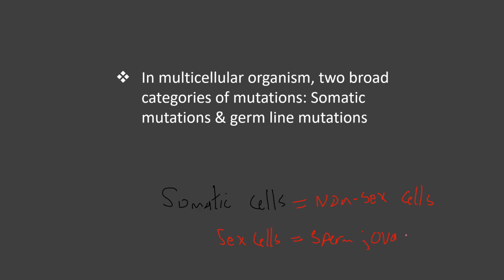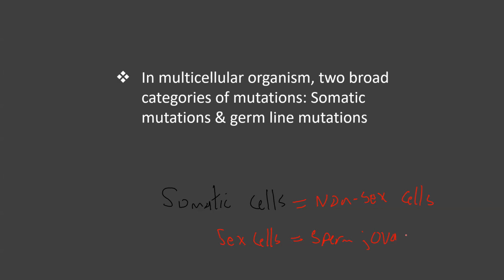Now, this is very important with regards to evolution, okay? If you have a somatic mutation and that mutation sits only in your normal body cells, your somatic cells, let us say it is a positive mutation.